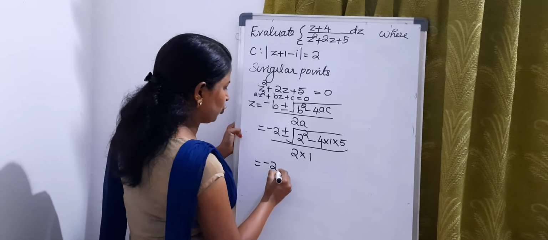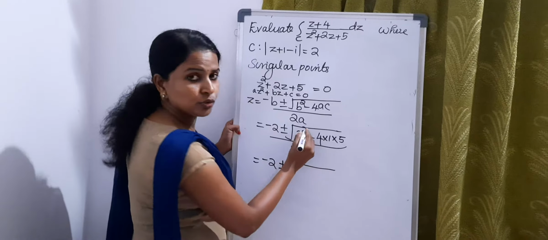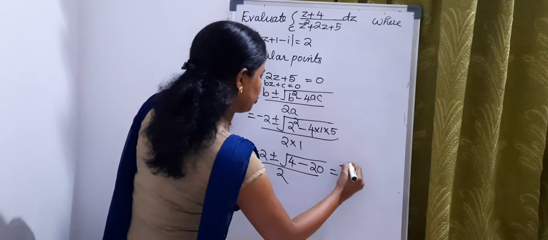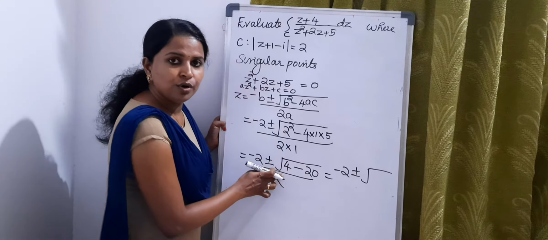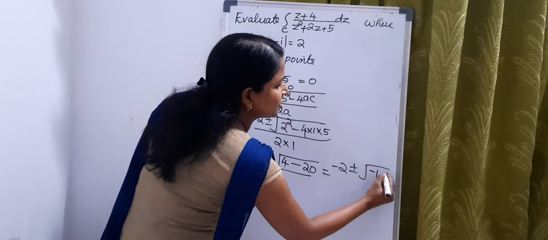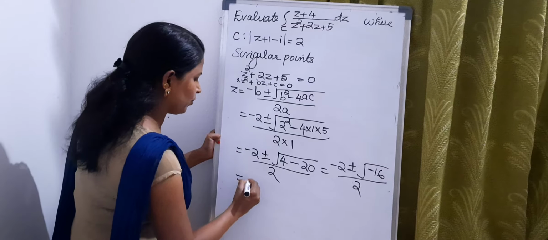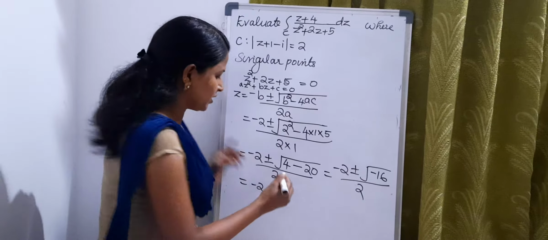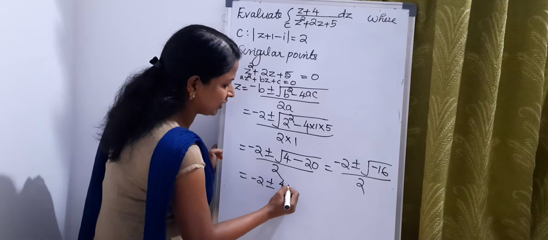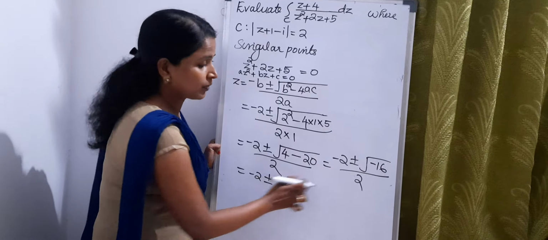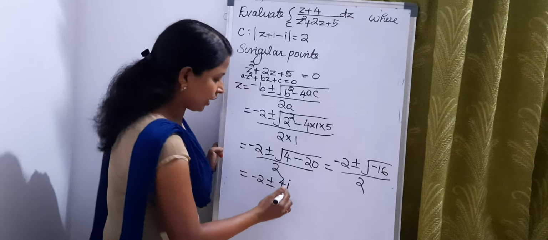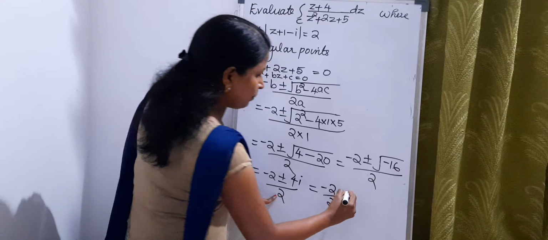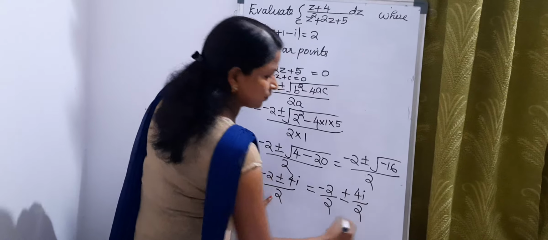So -2 ± √(4 - 20) over 2, that is -2 ± √(-16) over 2. The root of -16 is 4i, over 2.